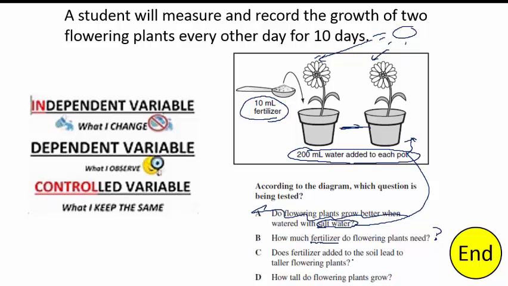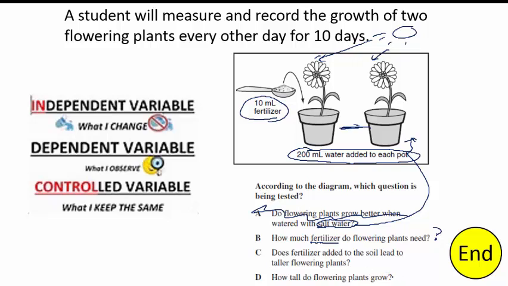Letter C. Does fertilizer added to the soil lead to taller flowering plants? That sounds really good because we're not changing the amount of fertilizer. We're just adding fertilizer to one of the pots and not adding it to the other pot. The expectation is something will happen to this plant. Whether it'll grow taller or not, we don't know. But C looks pretty good.